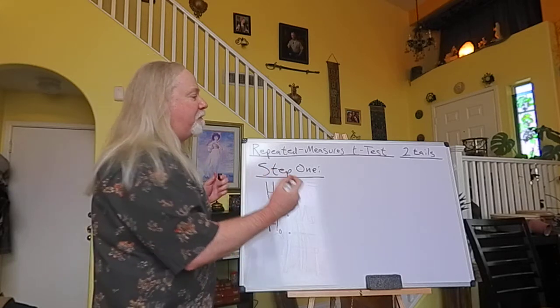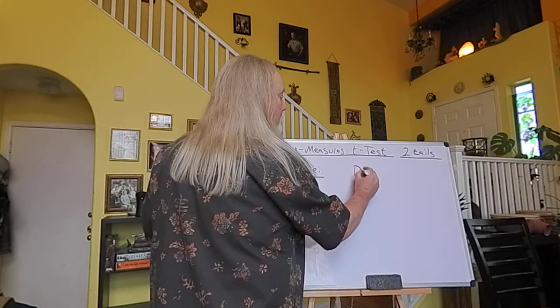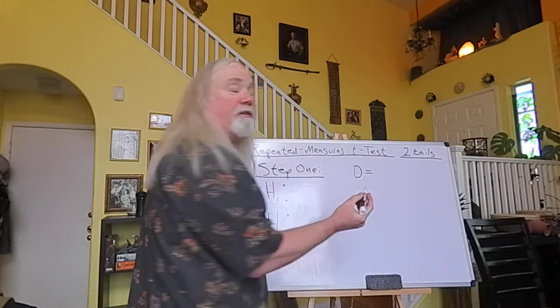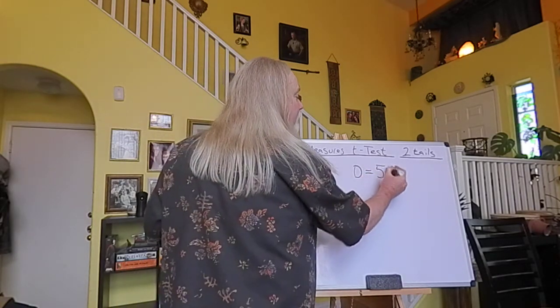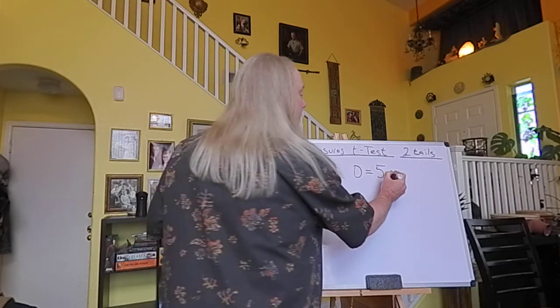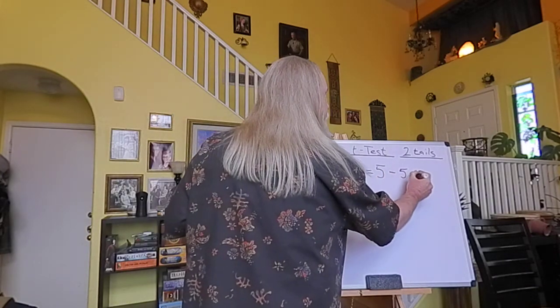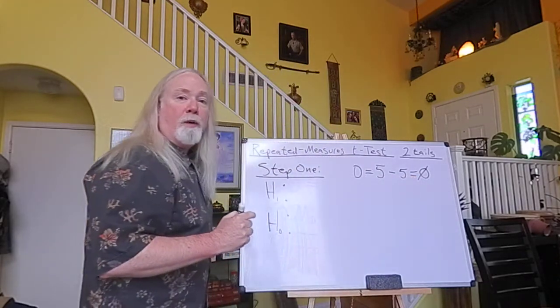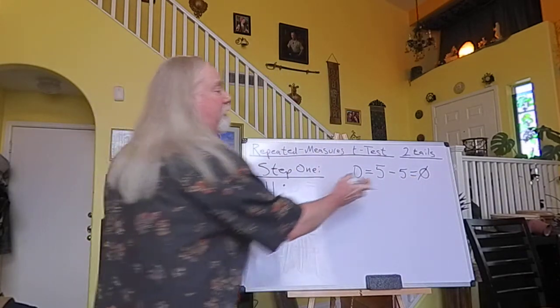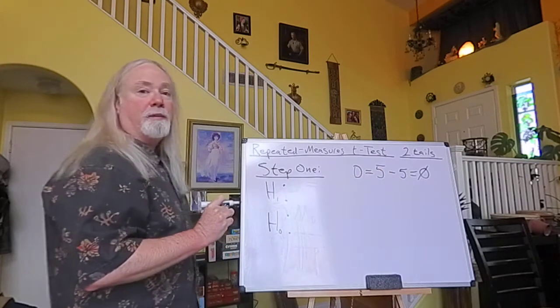Well, let's think about that for a second. If that was true, if we were calculating a person's difference score, they had 5 points the second measurement minus 5 points the first measurement. So their difference score is a 0. There's no difference between the first and second measurements.